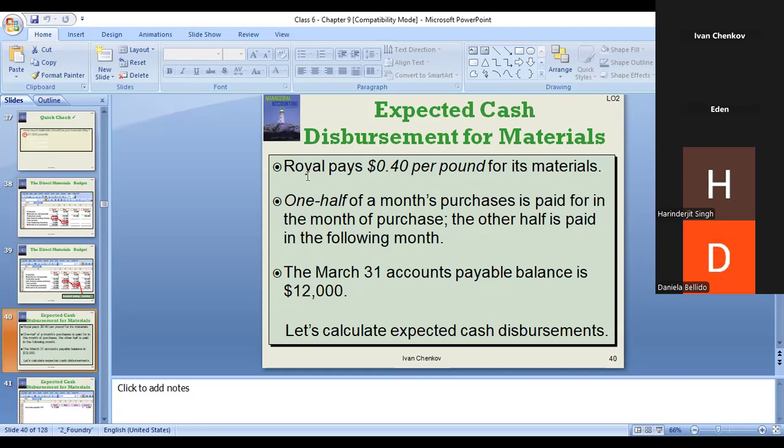And we're paying in this fashion: half of the purchase is paid in the month of the purchase, and the other half is paid the next month. Now let's see, is there anything left from March that we have to pay? Yes, there's something that we have to pay in April. In April, we have to pay the remaining balance of the payable from March, which is $12,000.